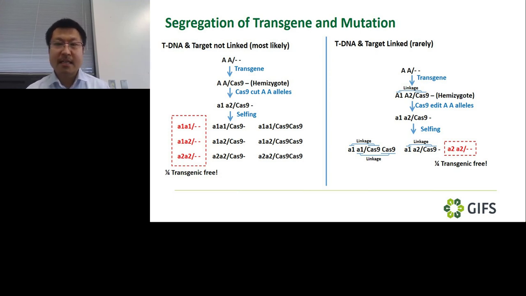Even if the Cas9 cassette is linked with one of the alleles, the other allele can still segregate without problem. Still, from the illustration on the right, you can see 1/4 of the progeny will still be transgene free. This is really the powerful part of gene editing.